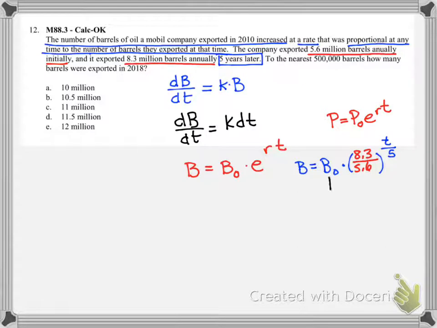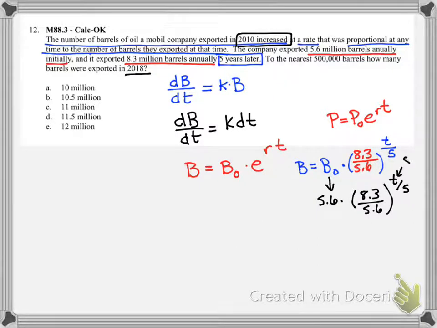So in this case, our B naught would be 5.6 times 8.3 over 5.6 raised to the t over 5. And in this case, we've got to figure out what this time is. Well, 2018 is 8 years after the initial time of 2010.